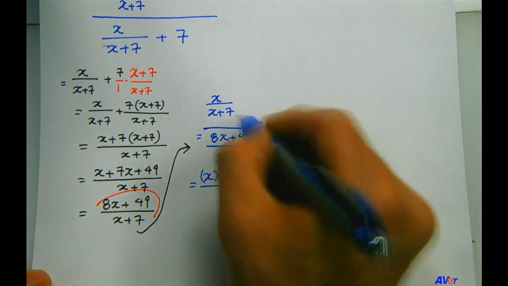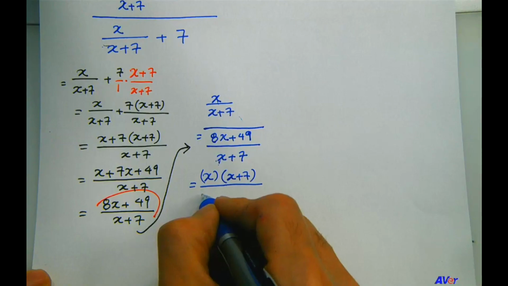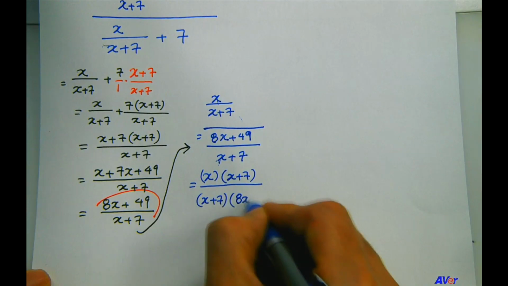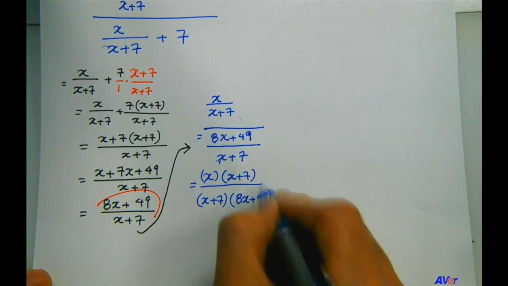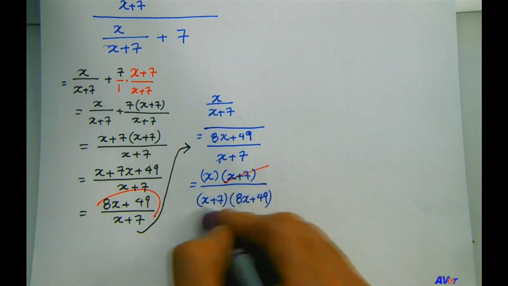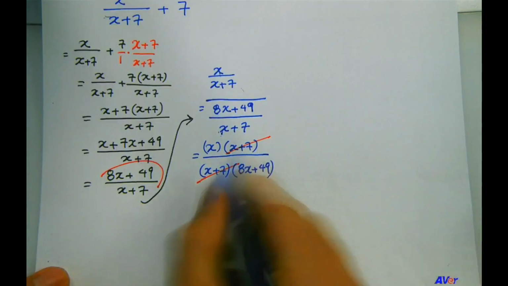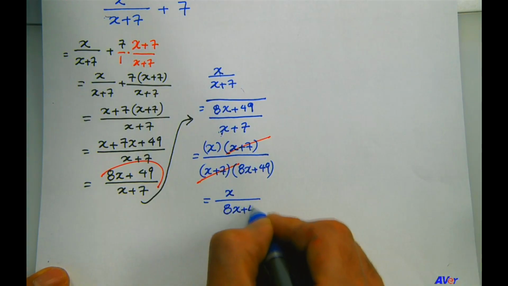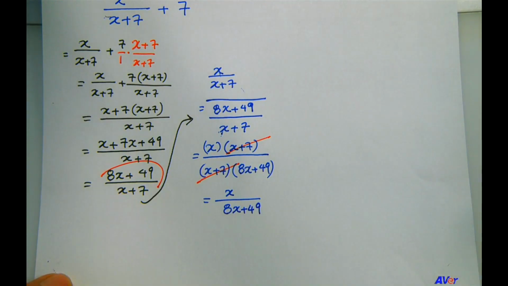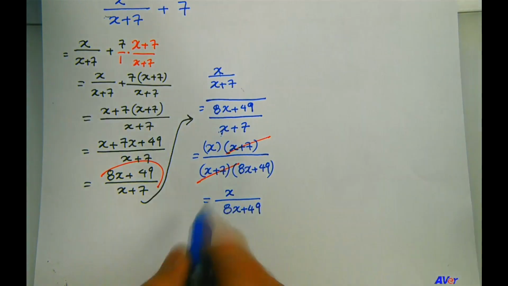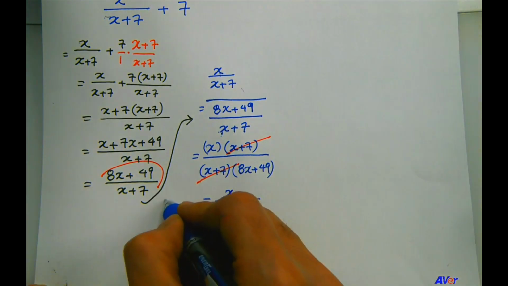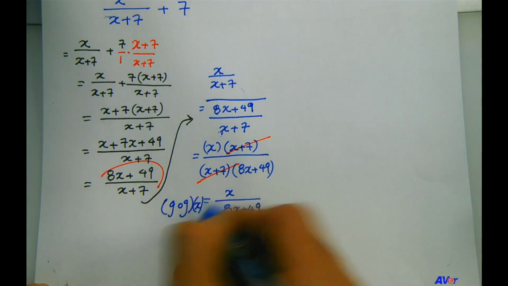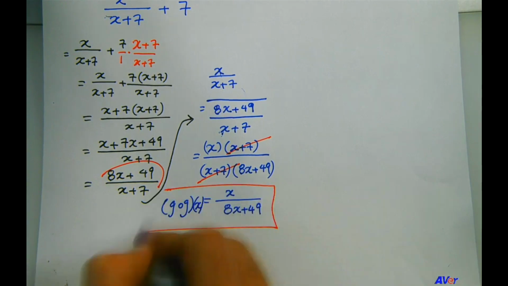Take the product of the terms that are nearest each other and put them in the denominator. So x plus 7 times 8x plus 49. So x plus 7, x plus 7. Then x over 8x plus 49. Right? So now that's the composite function. So let's write it. G composition of G in x is equal to that. This is our composite function.